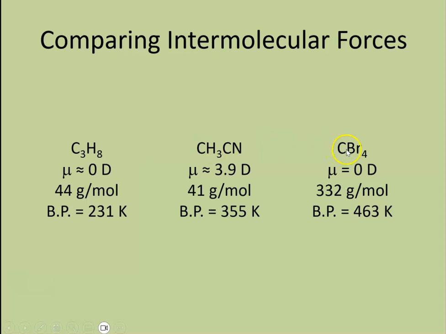But if you get to CBr4, which has a similar number of atoms to acetonitrile, but is a completely nonpolar compound, because of its large molar mass, its dispersion forces are stronger than the dipole-dipole forces in acetonitrile.